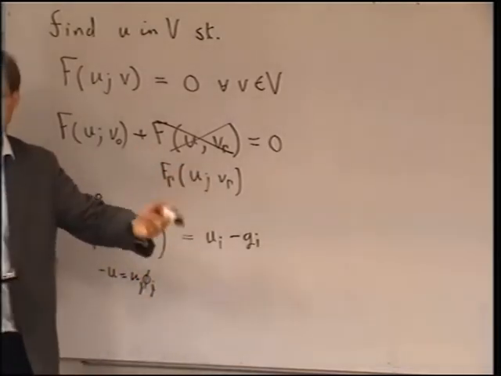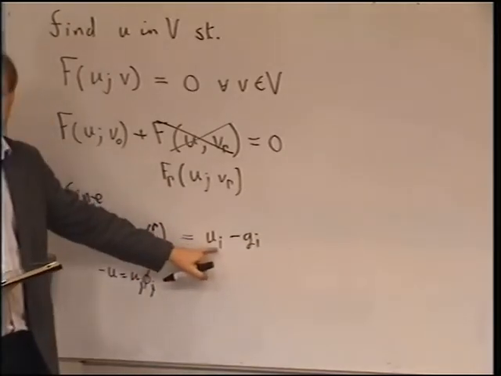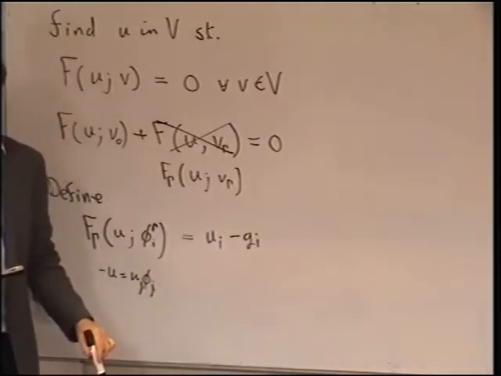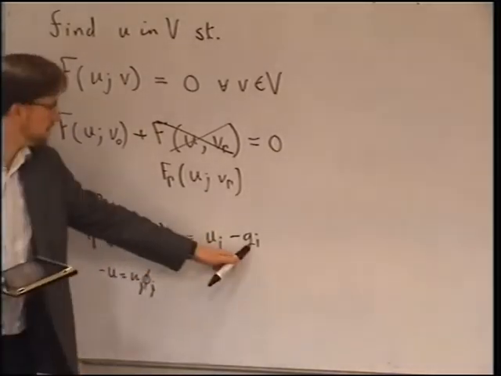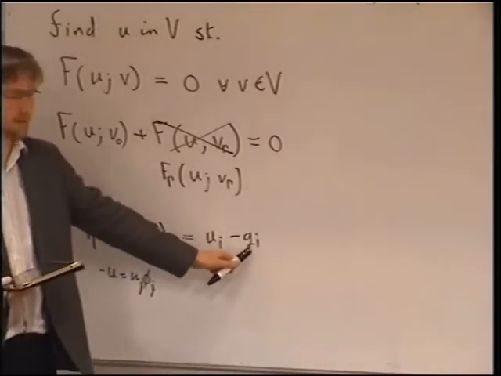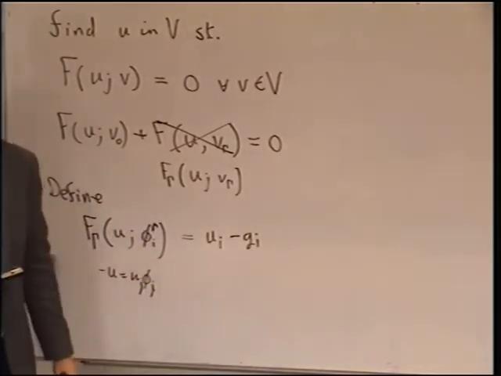It's the component of u at that point. It's the evaluation of the node. And so that's my value in here. And then g_i is simply g evaluated at the node corresponding to this. So g could come from any space at all, but g_i is g evaluated at that node.